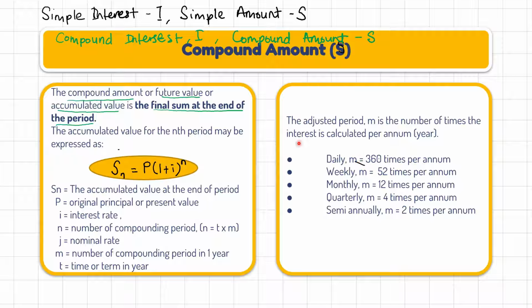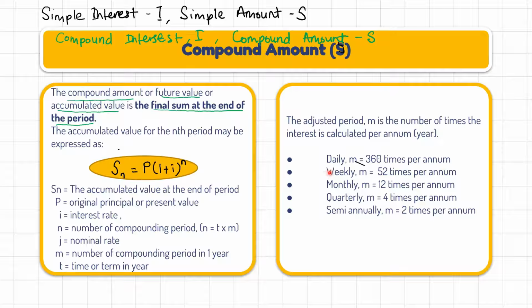And here we have the adjusted period. m is the number of times the interest is calculated per annum, which is per year. If the question states daily, meaning it gives you the time in days, then your m is equal to 360 times per annum.